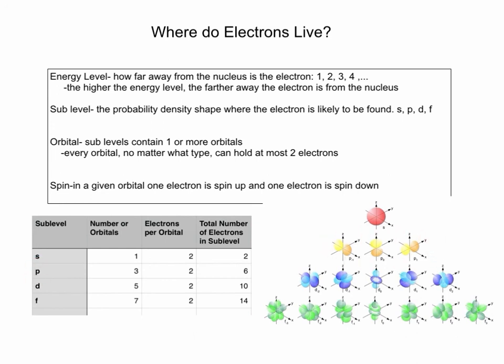If each orbital can hold 2 electrons, remember it doesn't matter what type of orbital we have, it can only hold 2 electrons at most, we can have a total of 6 electrons. The D sublevel has 5 orbitals. If each orbital holds 2 electrons, that means it can hold up to 10 electrons. And the F sublevel has 7 orbitals here. And if each holds up to 2 electrons, we can hold up to 14 electrons in an F sublevel.